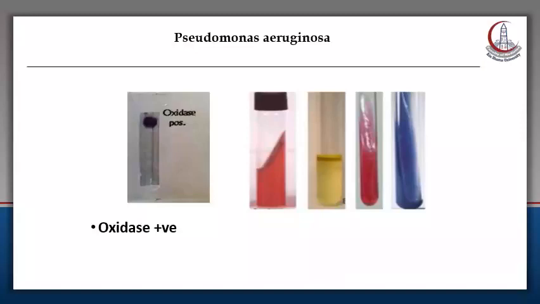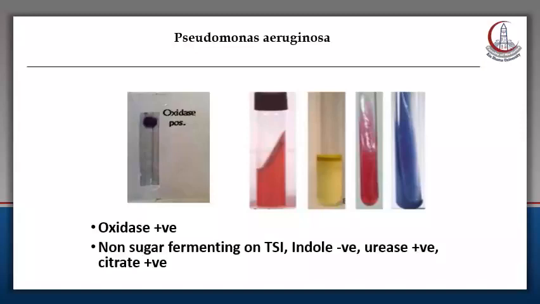The result for the triple sugar iron is no fermentation and no H2S production, as this is the original color of the triple sugar iron. There is no change in color into yellow, and no blackening. So the result of Pseudomonas aeruginosa on the triple sugar iron is no sugar fermentation and no H2S production.